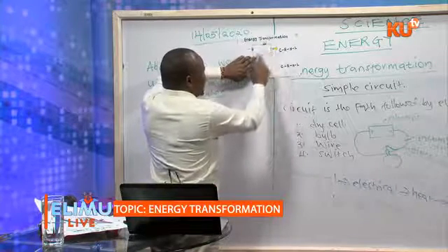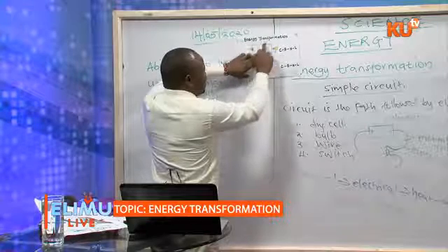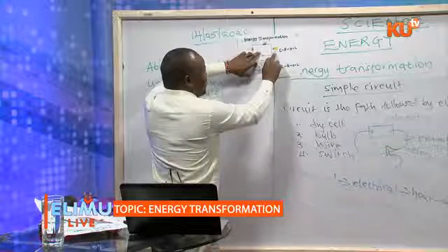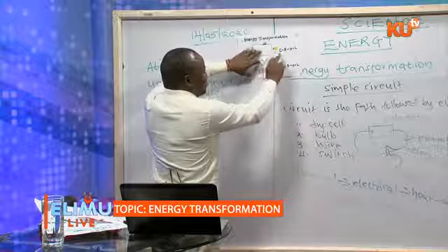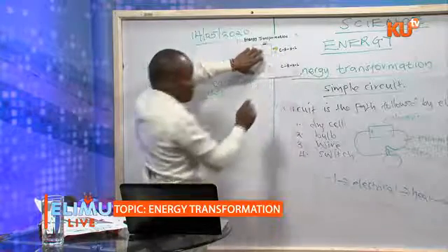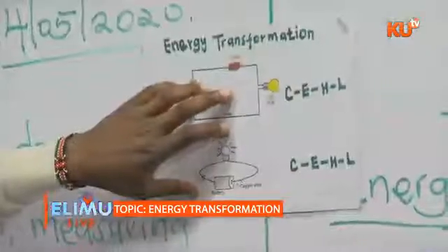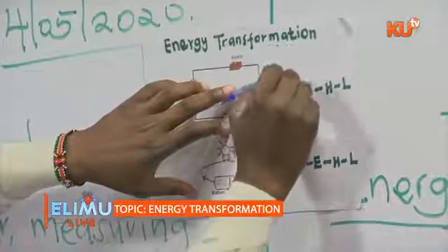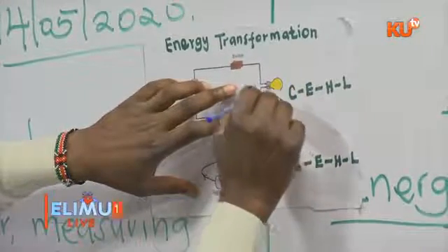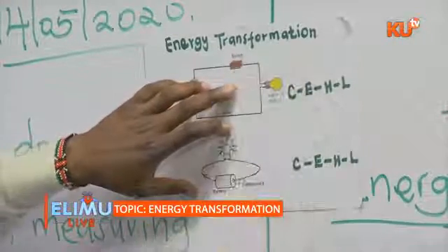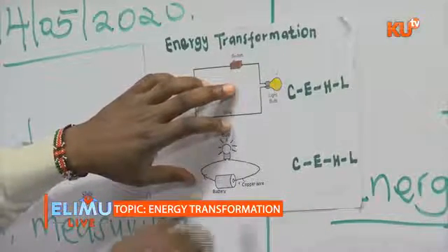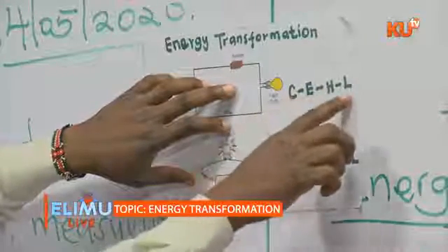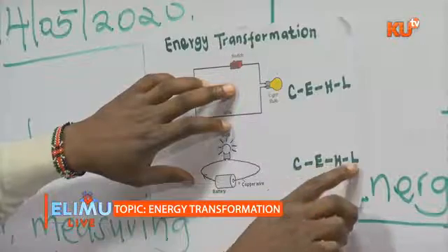We have the wire, we have the battery, which is a dry cell, we have the switch, then we have the bulb, which is going to indicate that there is flow of energy that moves from one form to another. Let me indicate that one for you to know that it is lighting. So this energy starts with chemical, electrical, heat and light.